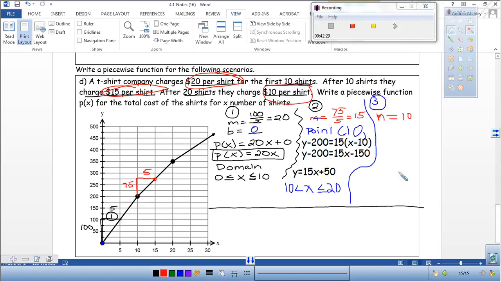Your slope is $10 per shirt now. The line change is $10 per shirt. Again, on this one, I can't see where it crosses the y-axis, so I need to find a point. So I'm going to use this as a point. It's 20 shirts, and they cost $350. That's $350.